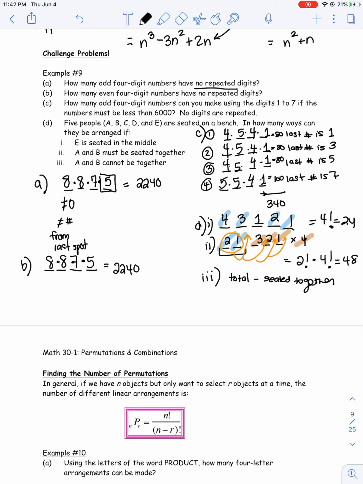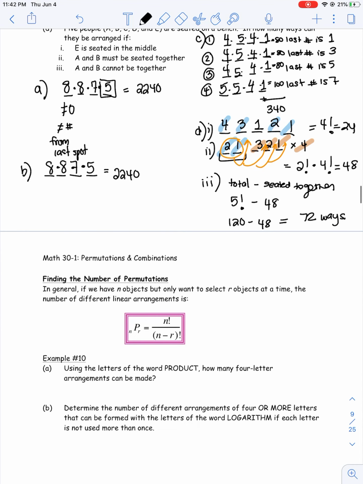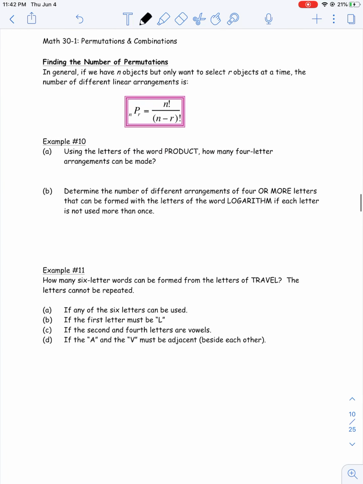So the total ways we could ever arrange these people would be 5 factorial. And then we subtract our answer from the previous one, which was 48 arrangements. So 120 minus 48 ways that they are seated together will give us 72 ways where they are not together. So that's the best and easiest way to figure those ones out.